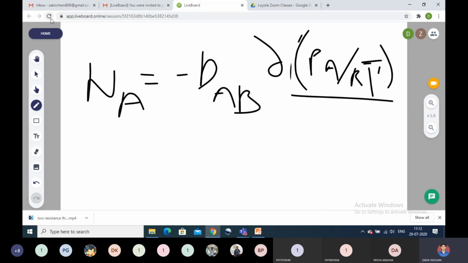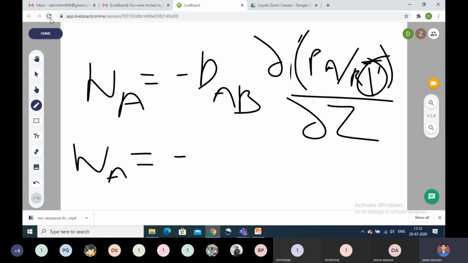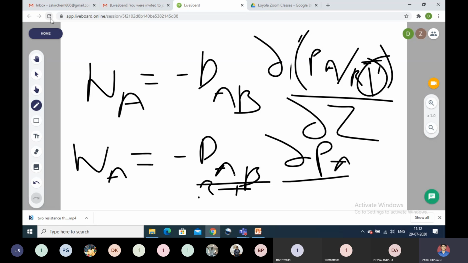So the left out is dou by dou Z. Now R and T are both constants. They are not variables. We can take them out from the derivative term. So Na is equal to minus DAB by RT, since we are taking out RT, dou Pa by dou Z.